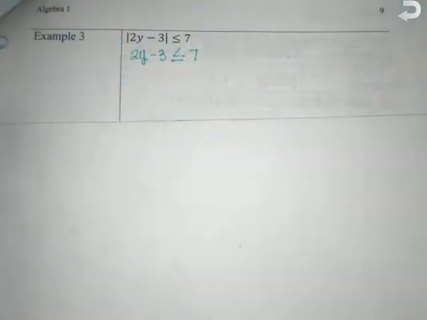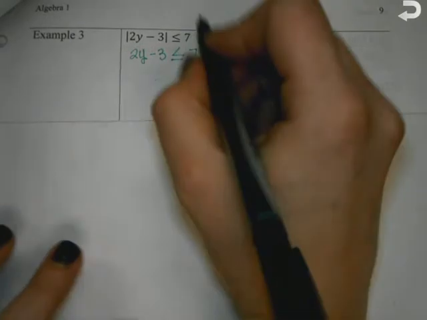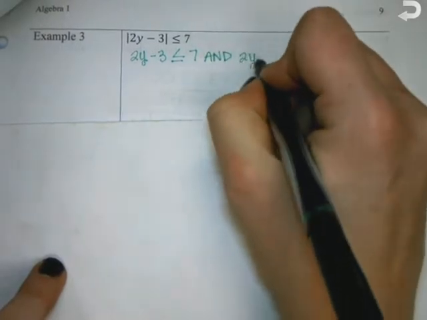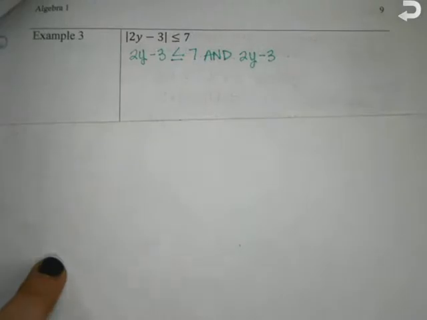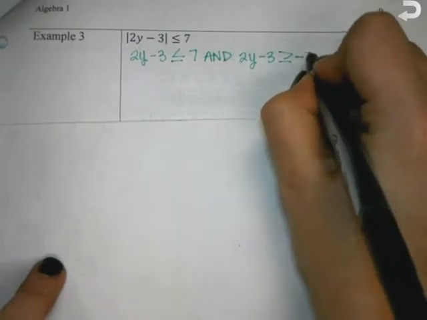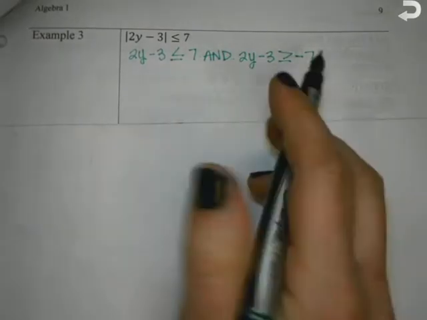So with inequalities, you have to remember to flip the symbol and change the sign. Okay? So that's two things you have to remember to do. And because I made it negative, I have to flip the symbol, right?